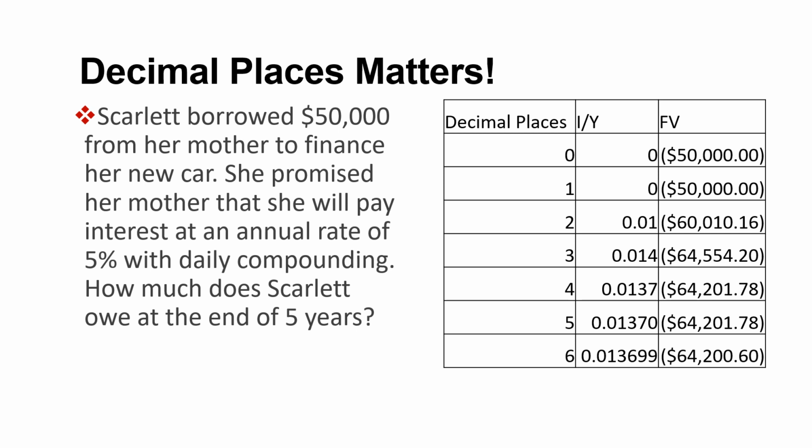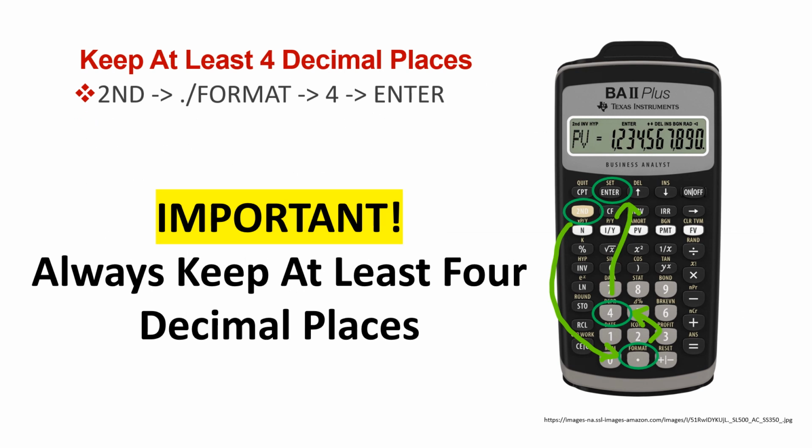If I change to 4 decimal places, the future value I get will increase about 7% to $64,200. Whenever you are solving a TVM question, always keep at least 4 decimal places. Otherwise, you will get a terribly imprecise outcome. To keep 4 decimal places, please follow the instruction in this slide.